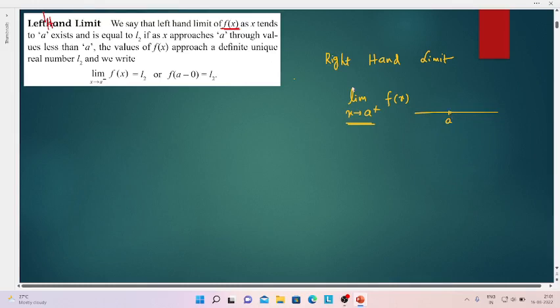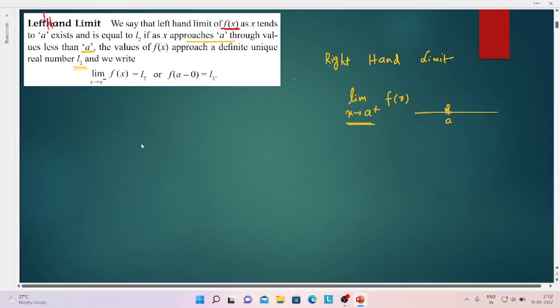Similarly, for the left hand limit, we have to take those values which are on the left side of a and also contained in the neighborhood of a. So the definition says, we say that the left hand limit of f(x) as x tends to a exists and is equal to L2 if, as x approaches a through values less than a, the values of f(x) approach a definite unique real number L2.